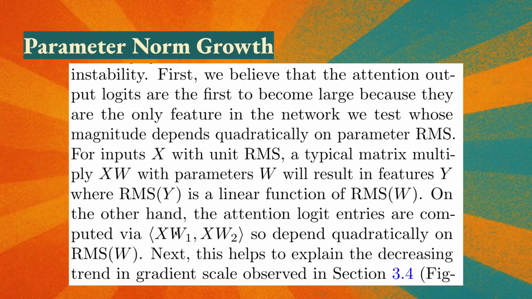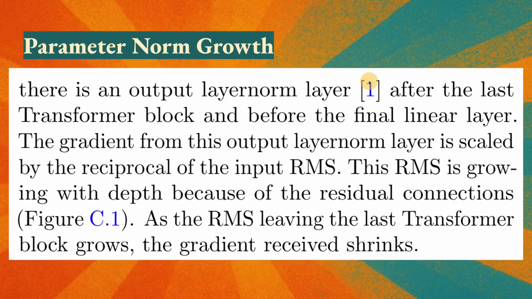So we are compounding the parameter norm. If the parameter norm is high, the quadratic result is going to be even higher. And since the attention mechanism is the only place where the quadratic dependence on parameters takes place, that's why we're seeing the instability happen there first.